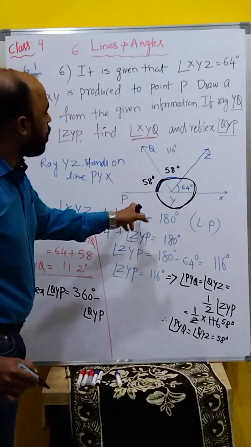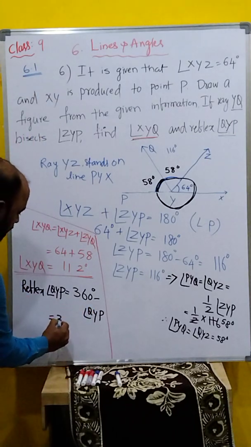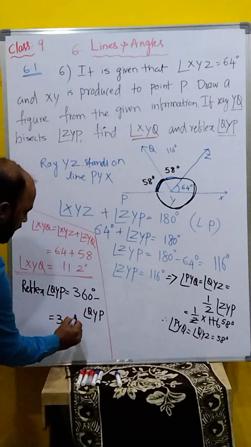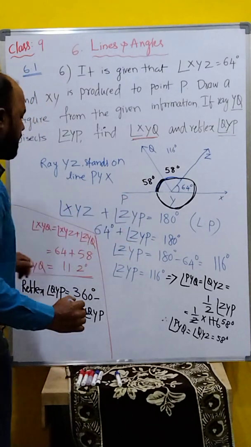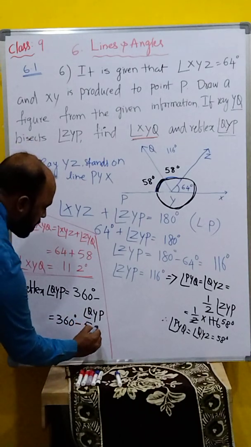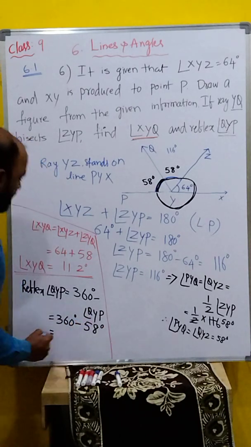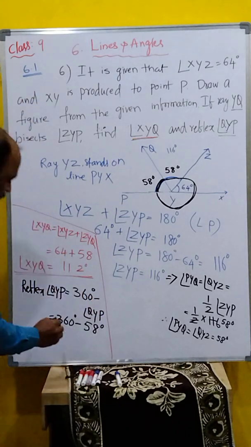Because we know angle QYP, this value is 58 degrees. 360 degrees minus 58 degrees is 302 degrees.